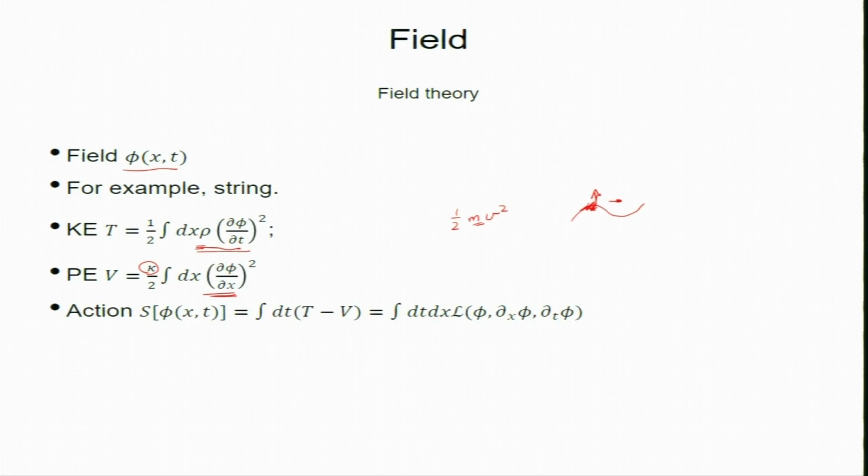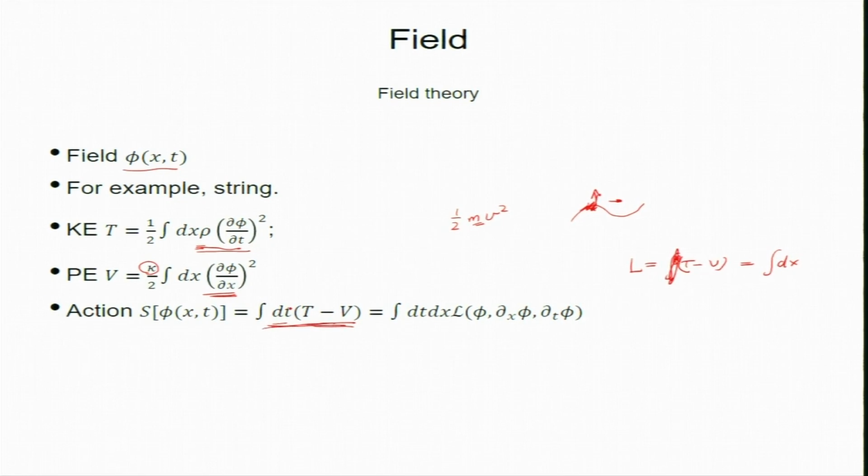So, the Lagrangian is the same thing, kinetic energy minus potential energy, but instead of a particle we have it for a field. Now, the Lagrangian will be the integral dx of this object, rho phi dot squared minus the potential term. So, what is the action? The action is the integral of L dt. So, this is what I wrote, the action, okay.